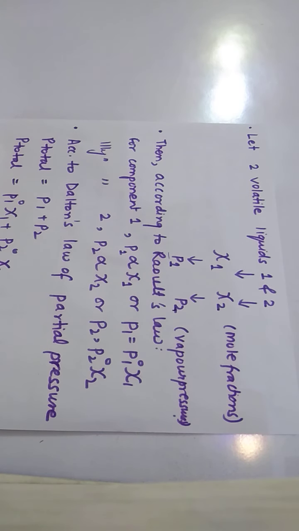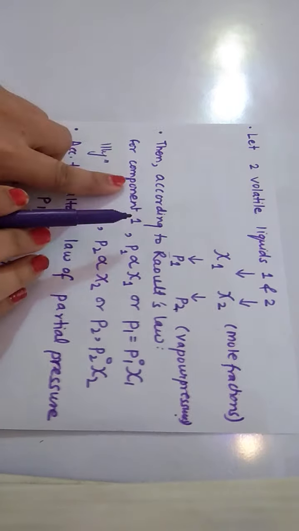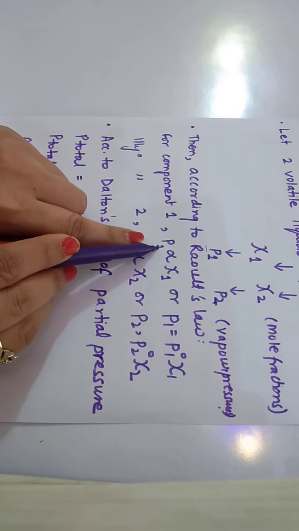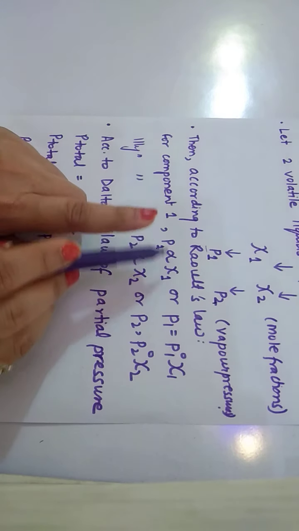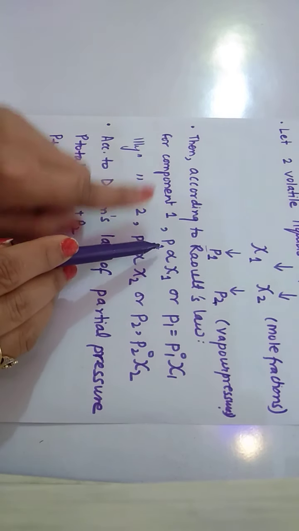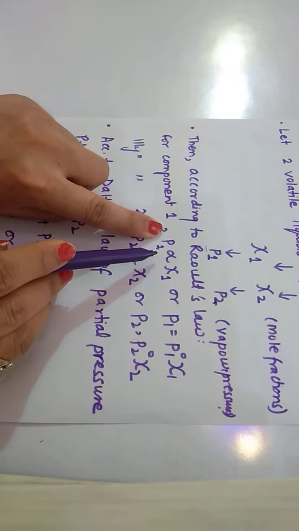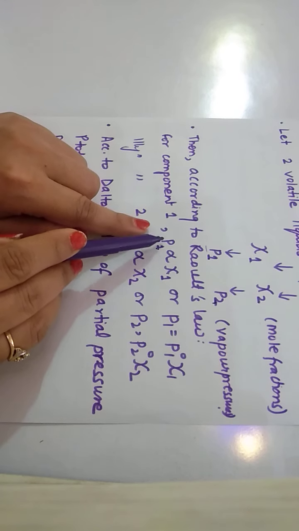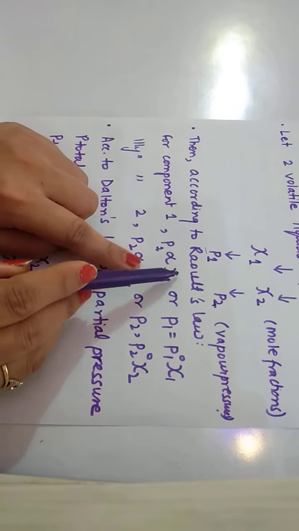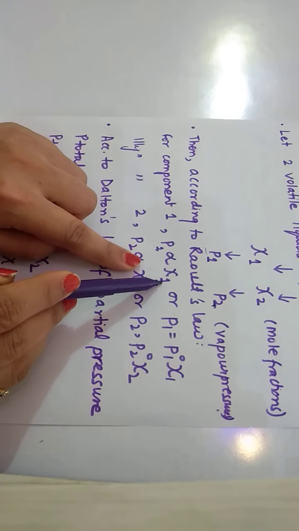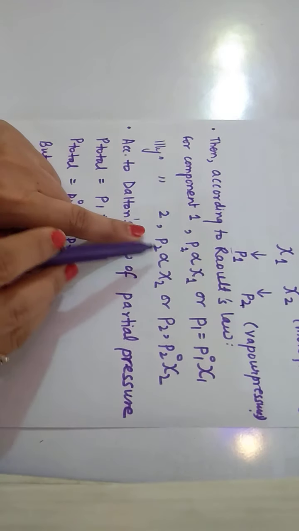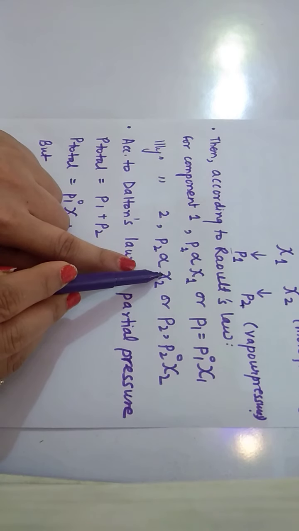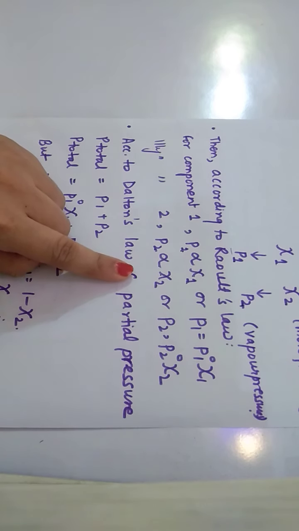Then what does Raoult's law state? Raoult's law states that at a given temperature, the partial pressure of each component is directly proportional to its mole fraction. That is, the partial pressure exerted by component 1, P1, is directly proportional to the mole fraction of component 1, and the partial pressure exerted by component 2 is directly proportional to the mole fraction of component 2.